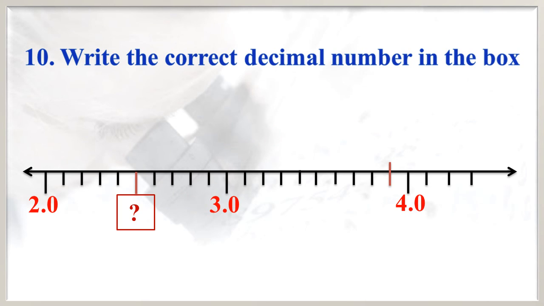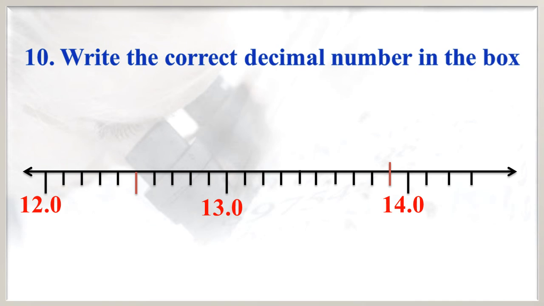Then start from the left hand side, that is 2.0, then 2.1, 2.2, 2.3, 2.5, isn't it? So in the first box we can write 2.5, and for the second box we want to find what that value is. That means starting from 3.0 and going from left, 3.1, 3.2, 3.3, 3.4. Likewise we will get 3.9.